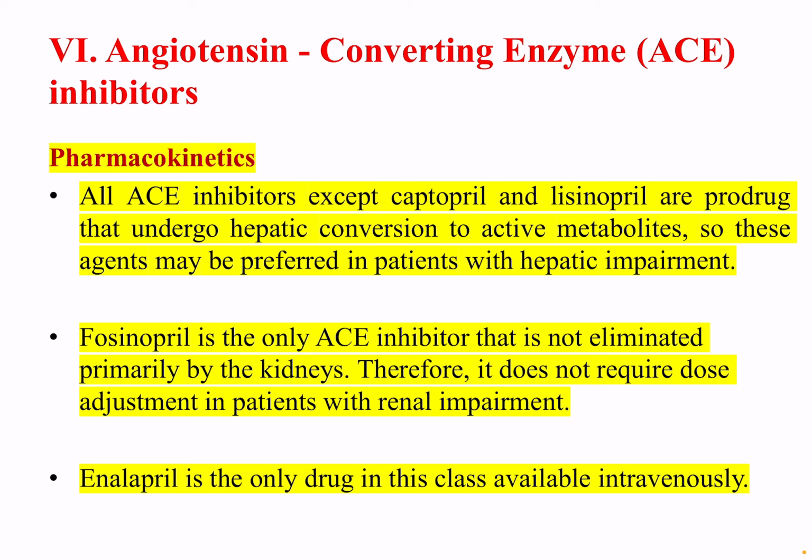Previously we discussed the pril ending. Now how do you know that they are ARBs? The drugs end with sartan. We have many drugs, valsartan, candesartan. These drugs are given once daily. Losartan undergoes extensive first pass metabolism. These agents are also teratogenic and should not be used by pregnant women.